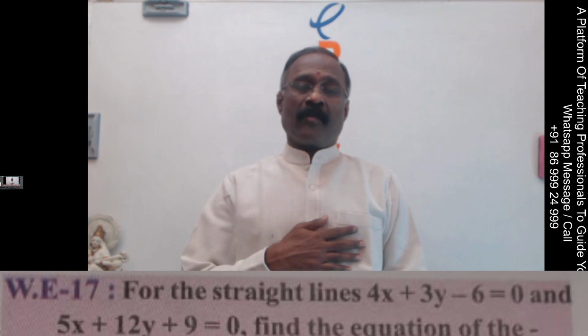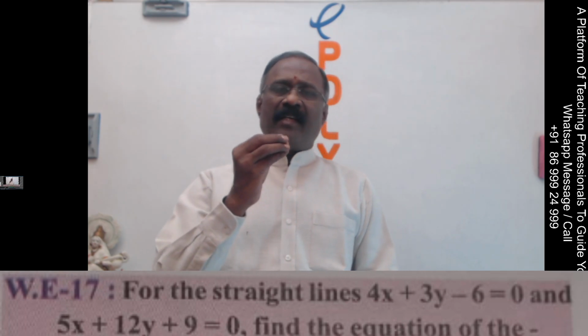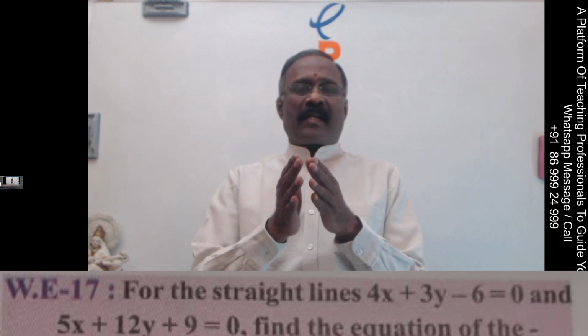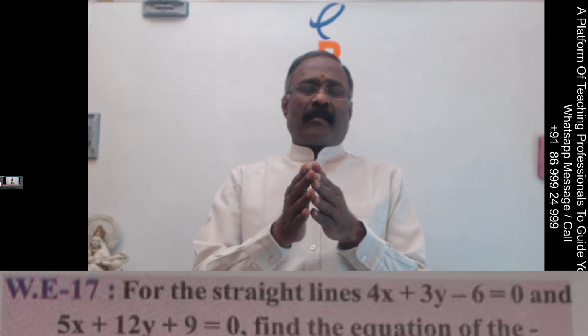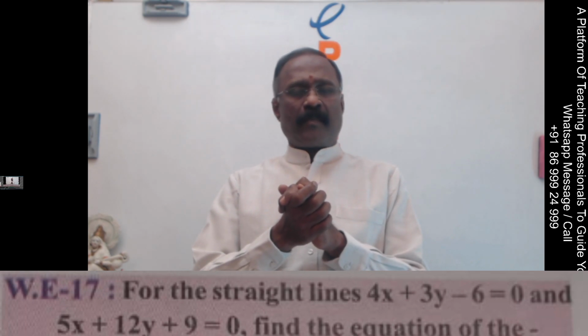What is the numerator of cos theta? a1a2 plus b1b2. So, by finding the value of a1a2 plus b1b2, you will be able to understand whether by taking plus you are getting the acute angle bisector or the obtuse angle bisector.